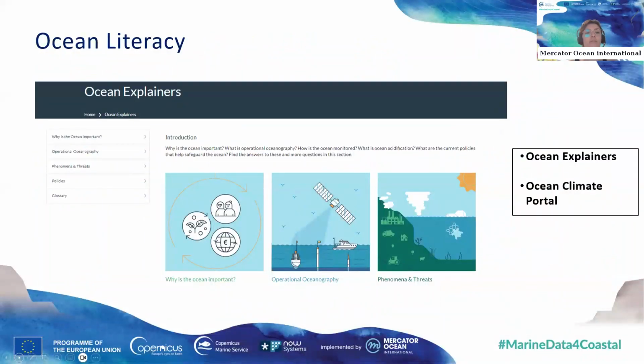And to make sure that the information gets to everyone, we create 2 pages called the Ocean Explainers and the Ocean Climate Portal, where we explain some oceanographic concepts or current threats that the ocean is facing, and we try to explain it to everyone. The Ocean Climate Portal gives a perspective on the key climate indicators and variables of the ocean, but in a more accessible way.